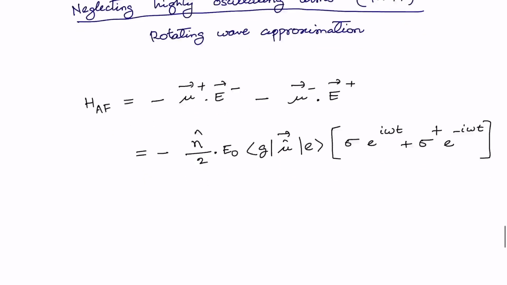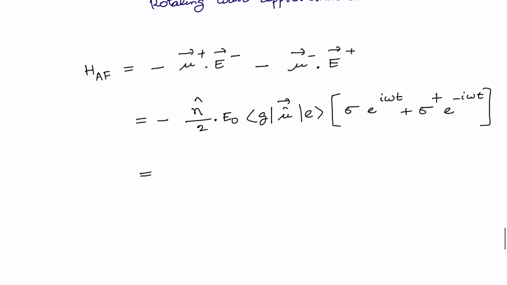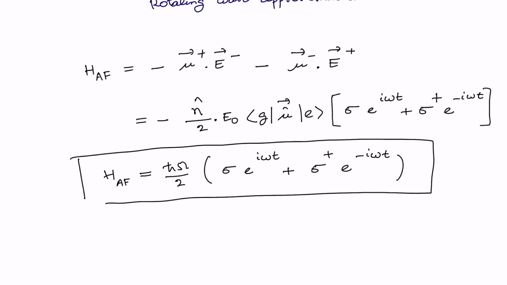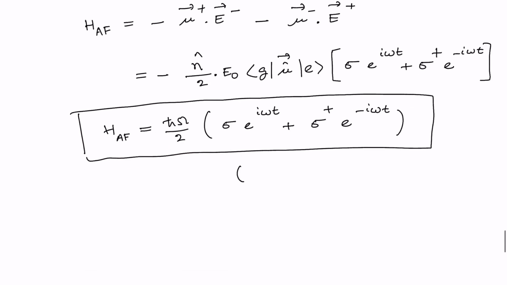In a shorthand notation, this is h cross omega by 2 times sigma e to the power i omega t plus sigma dagger e to the power minus i omega t. So this is my atom-field Hamiltonian after applying the rotating wave approximation.